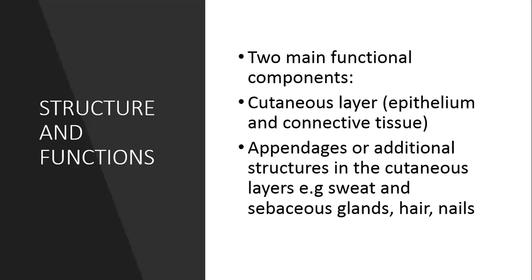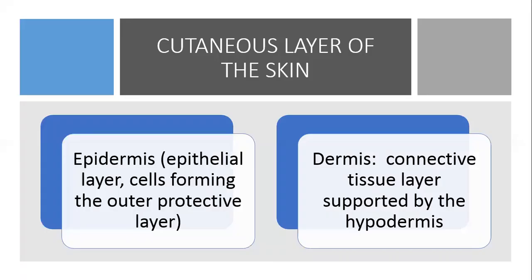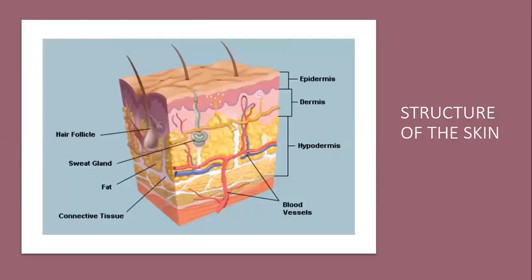For example, your sweat glands, your sebaceous glands, your hair and your nails. And then the cutaneous layer of the skin comprises the epidermis and then the dermis. If you see on the right, the top is the epidermis, and just below the epidermis is the dermis. Below the dermis, you will find the hypodermis.